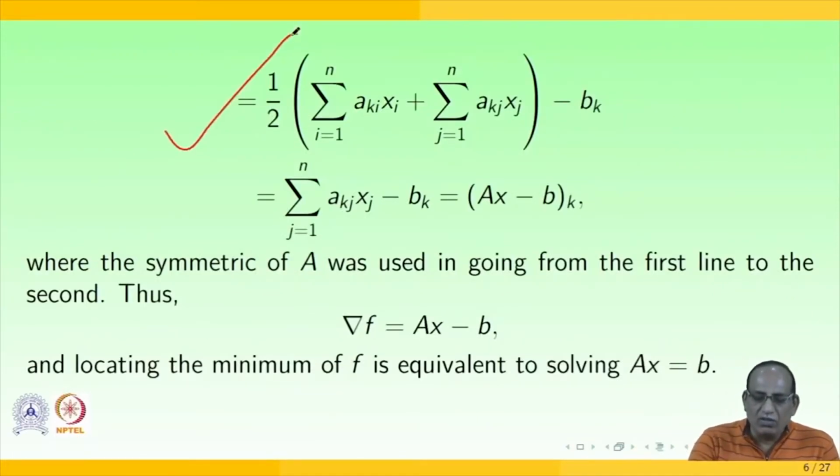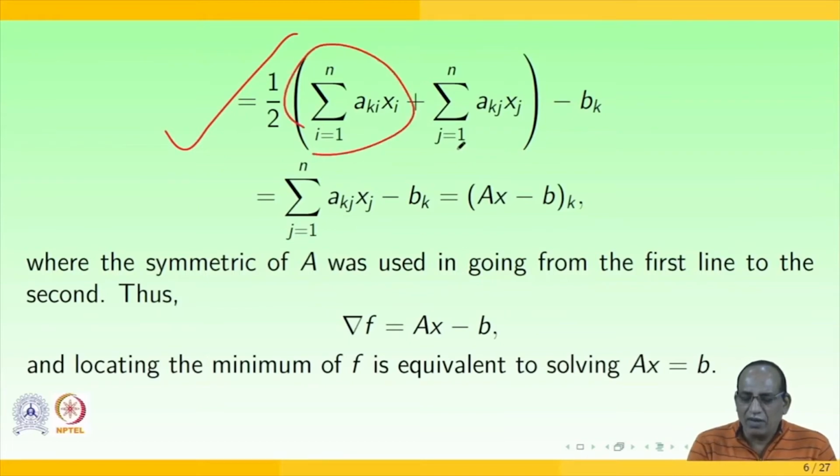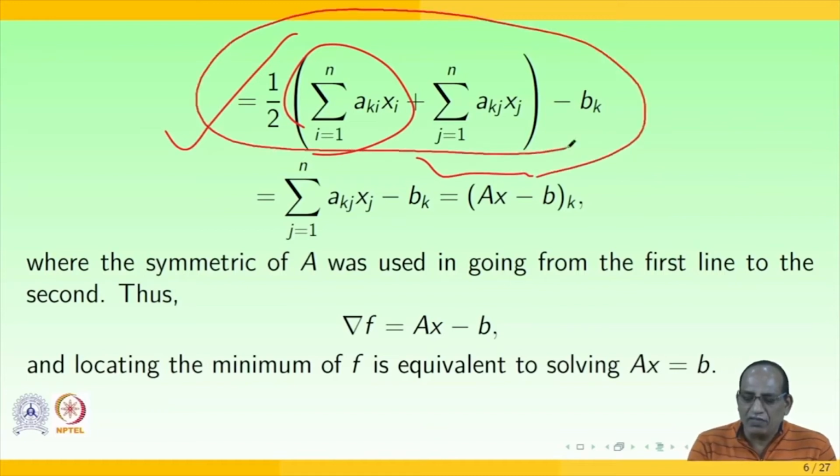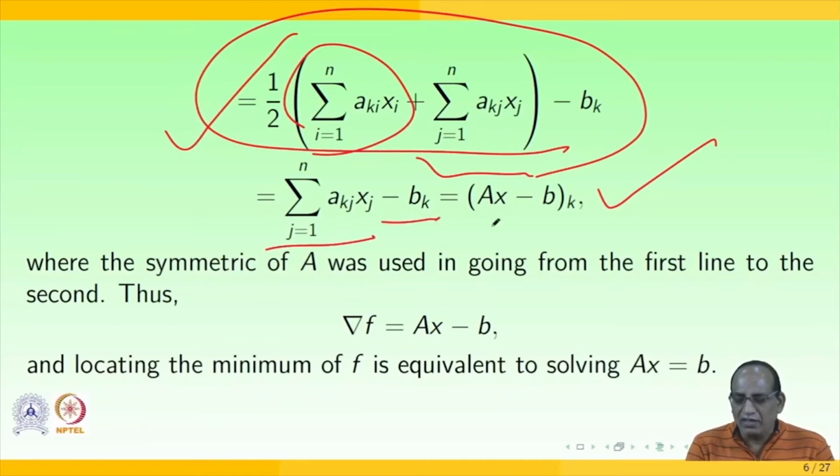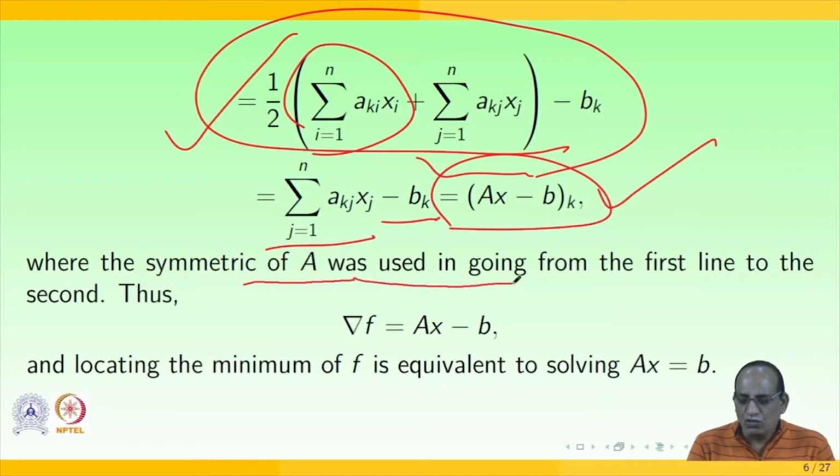That will be equivalent to 1 over 2 times the summation i equal to 1 to n a ki x i plus the summation j equal to 1 to n a kj x j minus b k. That will be equivalent to the summation j equal to 1 to n a kj x j minus b k, which is the k-th component of Ax minus b, where the symmetry of A was used in going from the first line to the second.